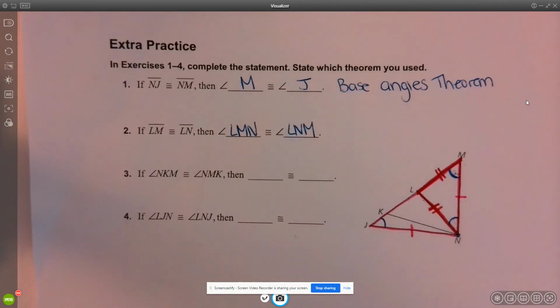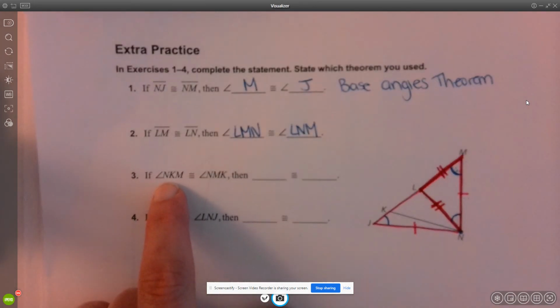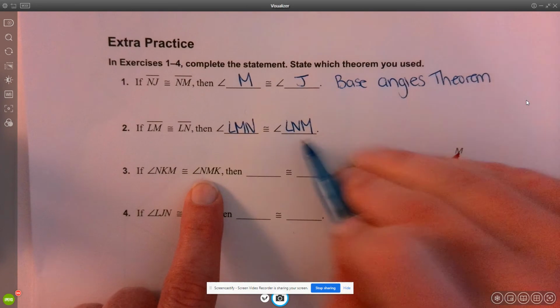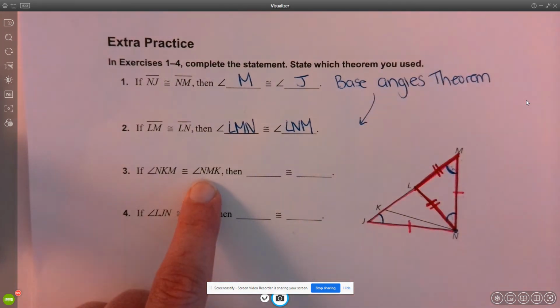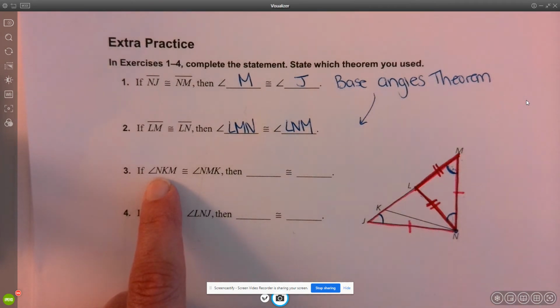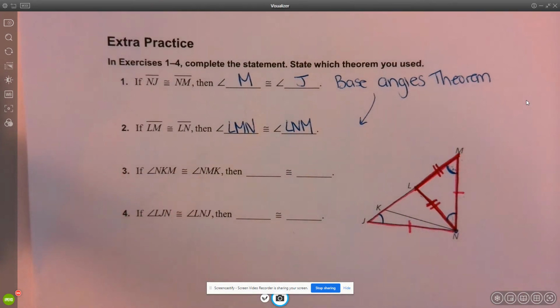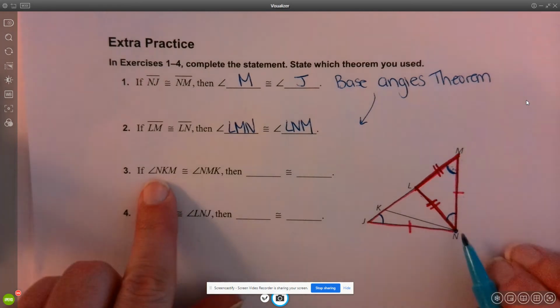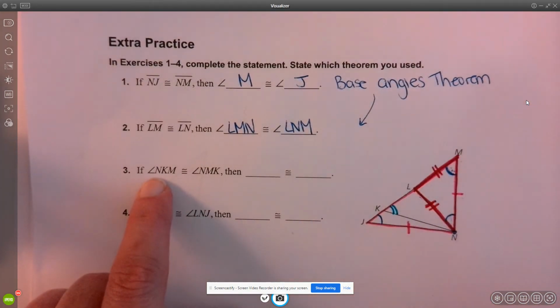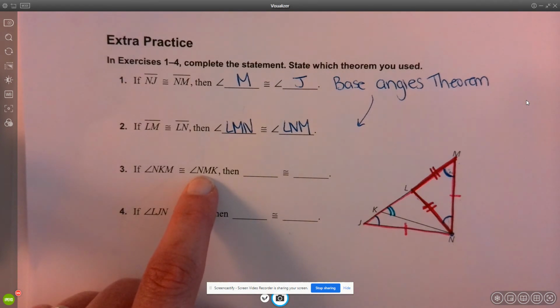My picture might start looking complicated, so try to ignore the previous stuff I've done, and I'll keep using different colors. Number 3, if angle NKM is congruent to, I just realized we used the base angles theorem for number 2 as well. If angle NKM is congruent to angle NMK, so angle NKM, that's this one here, is congruent to angle NMK.